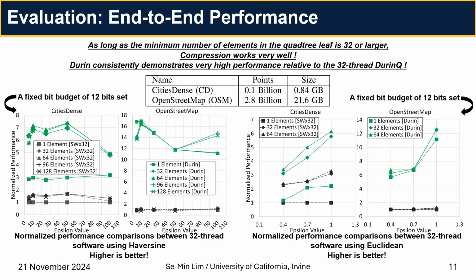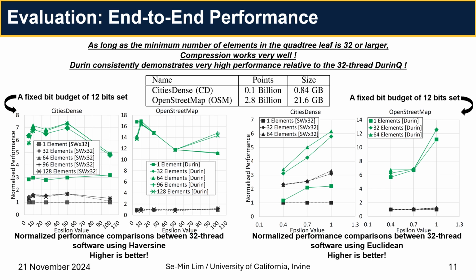To evaluate end-to-end performance, we used two open-source real-world geospatial datasets, and these two figures illustrate the performance of Durin using a single U50 FPGA, normalized against the software implementation using 32 cores in the system, with Haversine and Euclidean metrics respectively. Each line represents a different minimum point count threshold value for leaf nodes of the quadtree, and the x-axis represents different epsilon values.